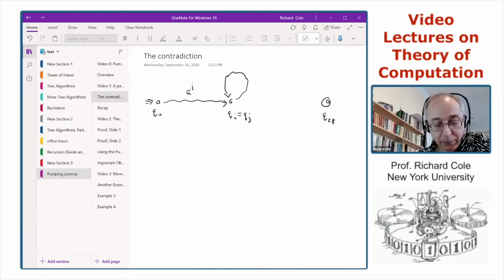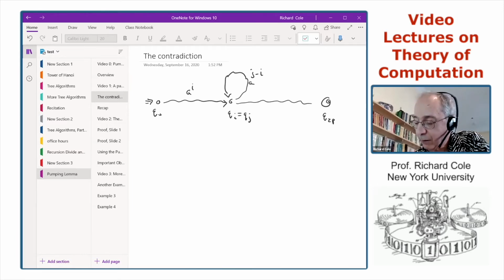Then we're going to read a further j minus i A's in going from Qi to Qj, so that by the time we've reached Qj, we've read a total of j A's, and then we read the rest of the string in going to the final vertex Q2P. So this is another P minus j A's followed by P B's.